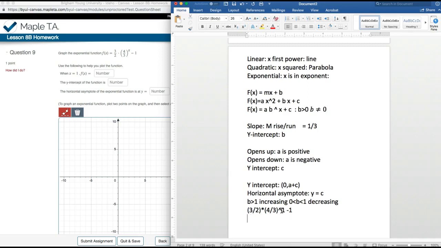You know what? Because we have the magic of doing this in a computer, we can just copy and paste, and evaluating it, it becomes 4/3. And we did that first because of the order of operations.